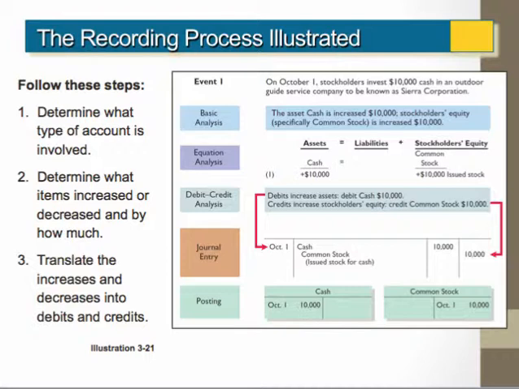We recorded it in the general journal as a debit to cash for $10,000 and a credit to common stock for $10,000. Once the journal entry was created, then we can post the entry into the ledger so that we could show the specific effect of the account as an increase or a decrease to the account.